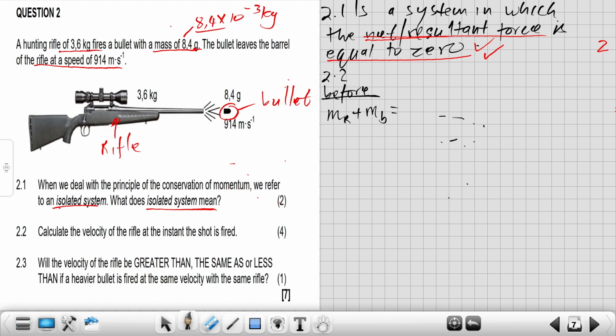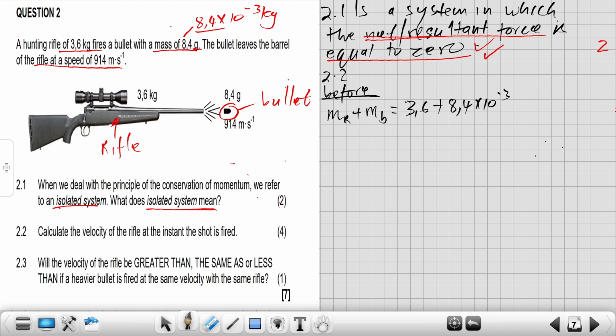So I'm going to work with something like 3.6 plus 8.4 multiplied by 10 to minus 3 kg.